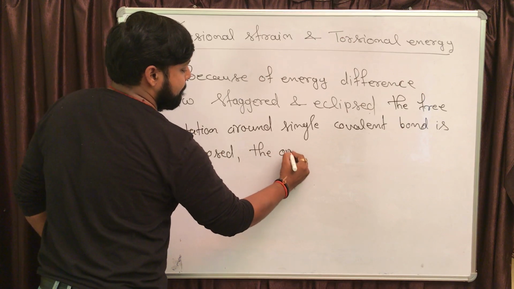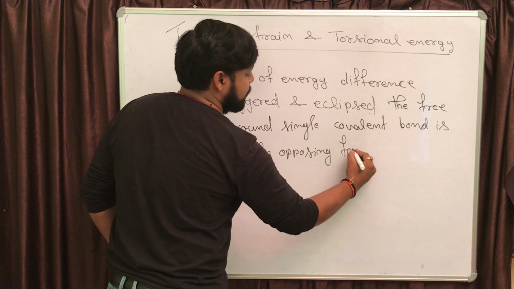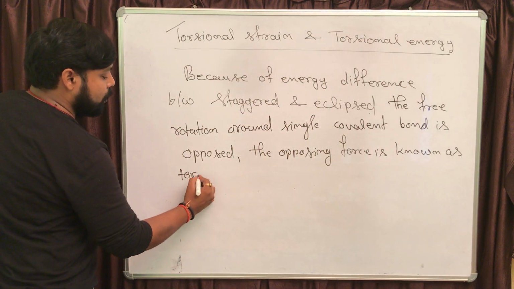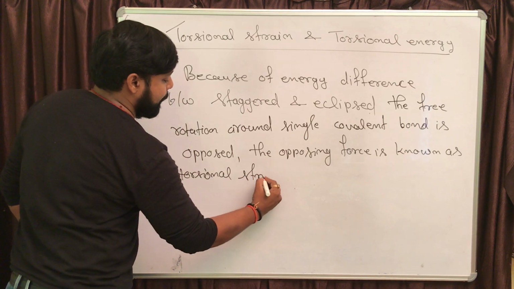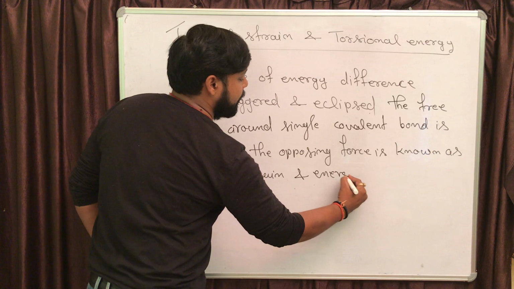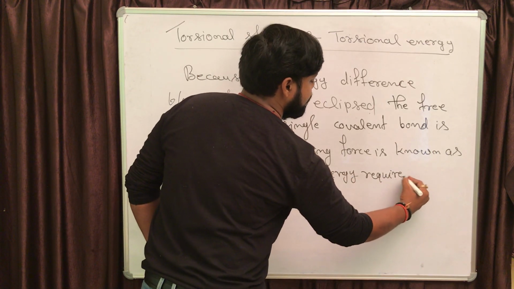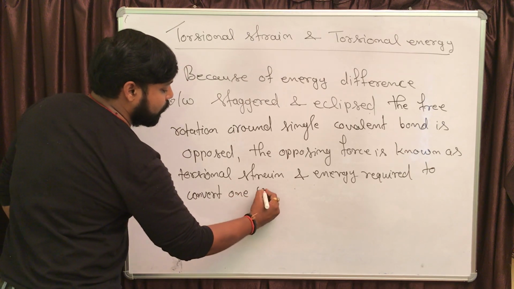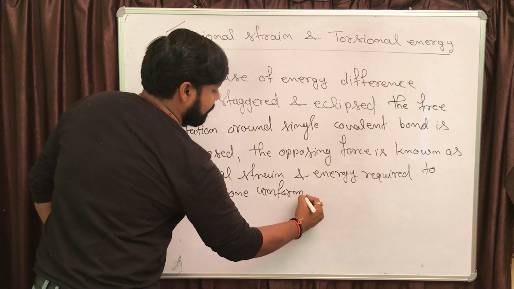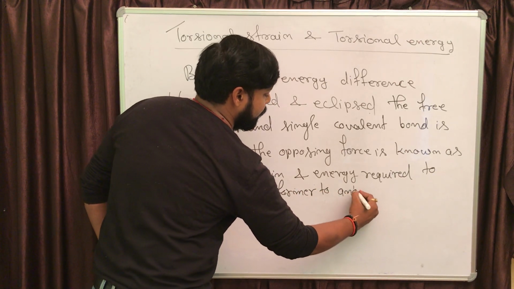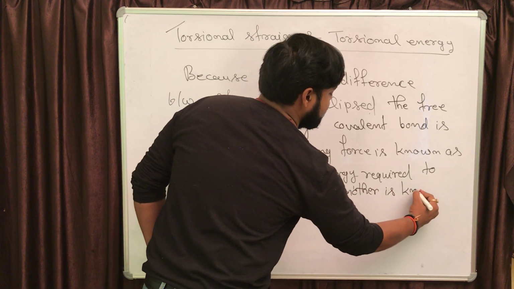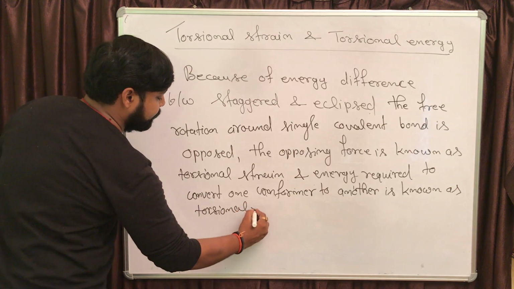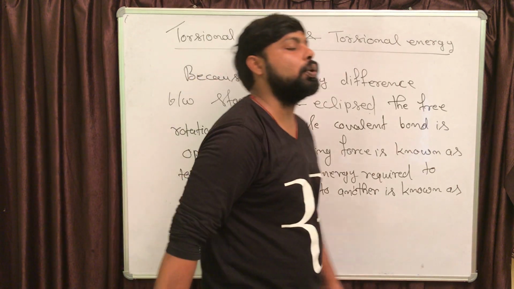The opposing force is known as torsional strain, and the energy required to convert one conformer to another is known as torsional energy. I hope this is clear to you. Torsional strain and torsional energy.